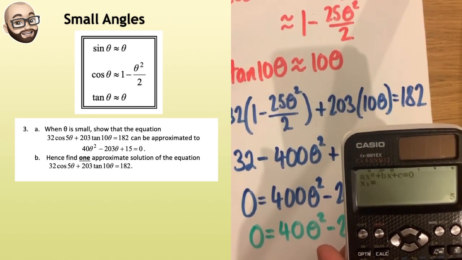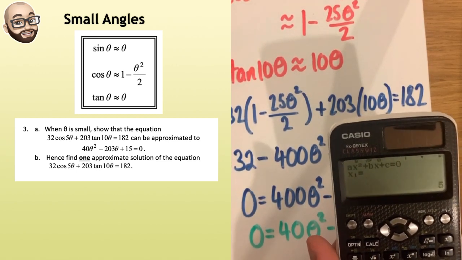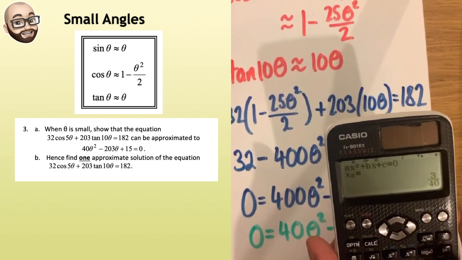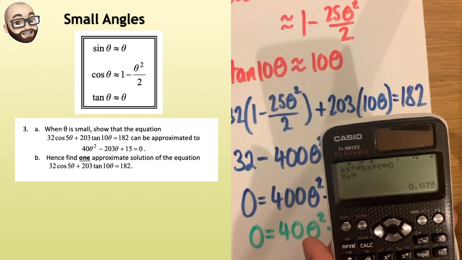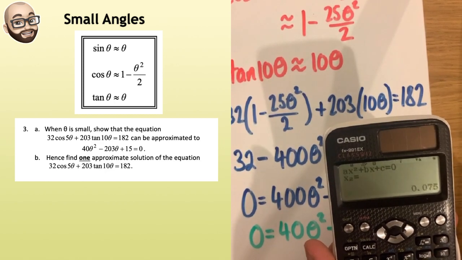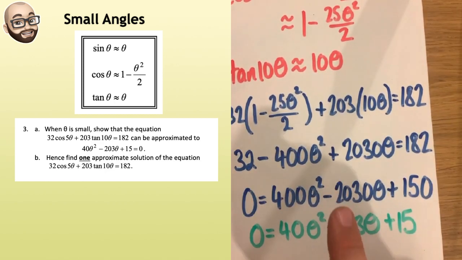Now we do get two answers, but the question does say find one approximate solution. So if I look at what my two answers are, we've got 5 and we've got 0.075. And we now need to say which answer we're going to pick and why. We're going to pick the 0.075 because this only works if theta is a small number. Okay?